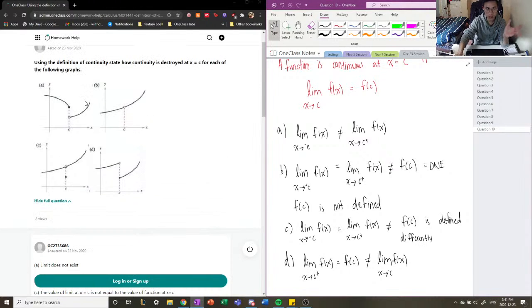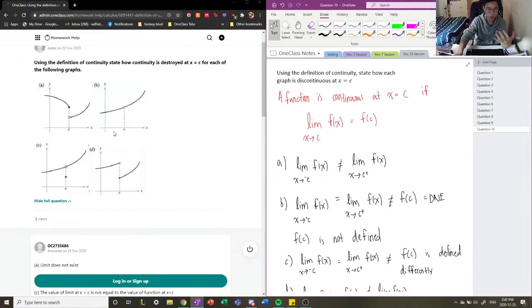For the first one, the left-hand side equals f of c, but the limit of the right-hand side does not. For the second one, f of c is not defined, even though the limits of both left-hand side and right-hand side are the same. They are approaching the same value, but f of c is not defined, so we cannot say that it is continuous.